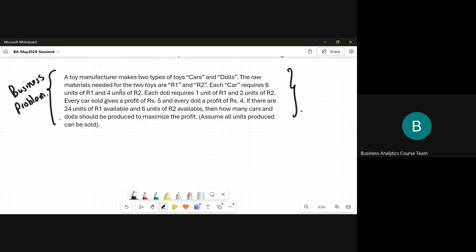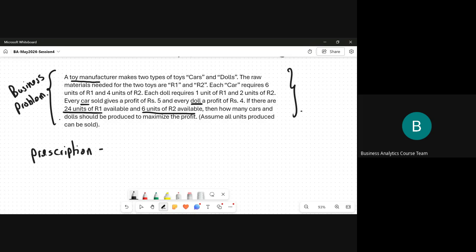All right. So this is the business problem that any manufacturer would want to know: how many items he can produce, basically cars and dolls, so that he can maximize his profit. And he has to do this under the condition that he has only a certain amount of raw materials. So this is why it's a prescription problem.